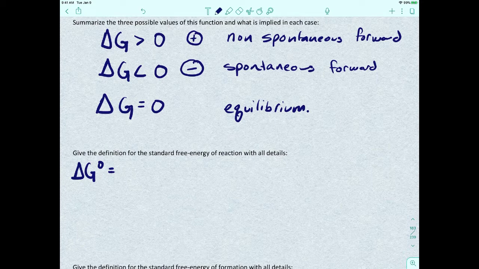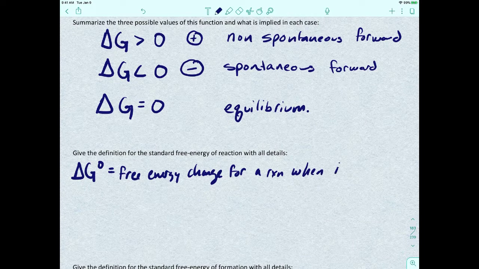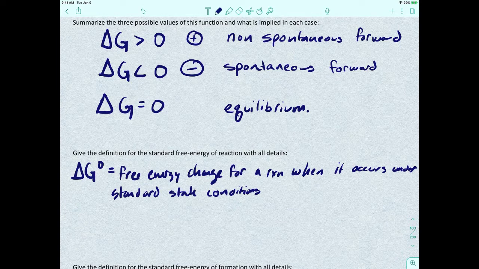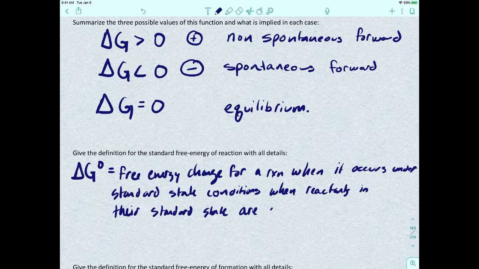And the way that we define delta G naught, this would be the free energy change for a reaction when it occurs under standard state conditions, when reactants in their standard state are converted to products in their standard state.